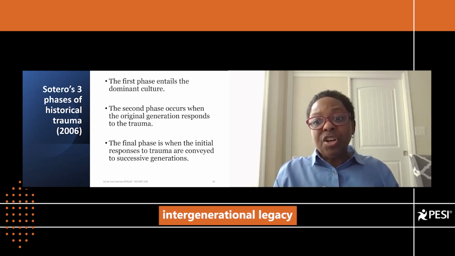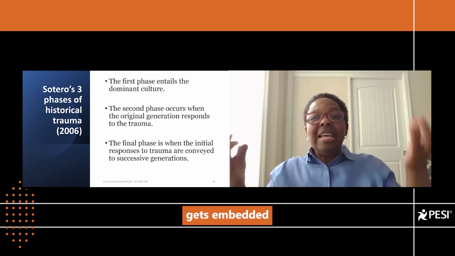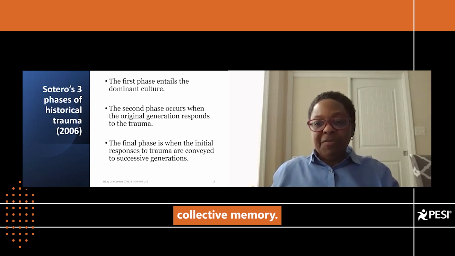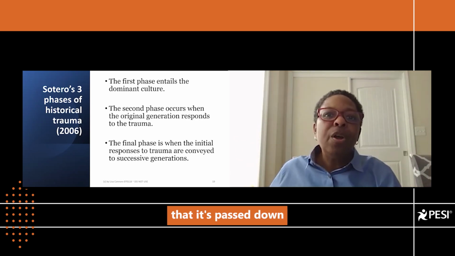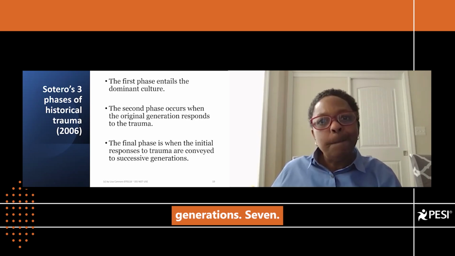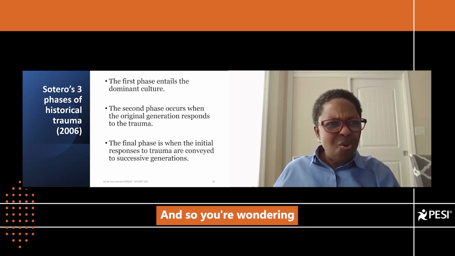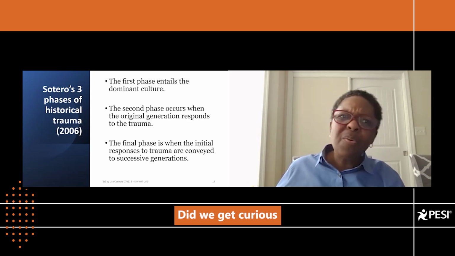Also, intergenerational legacy of shame, guilt, and distrust gets embedded in people's collective memory. And Sotero says that it's passed down through 7 generations. 7 generations. And so you're wondering what's going on? Did we even ask? Did we get curious to want to know?